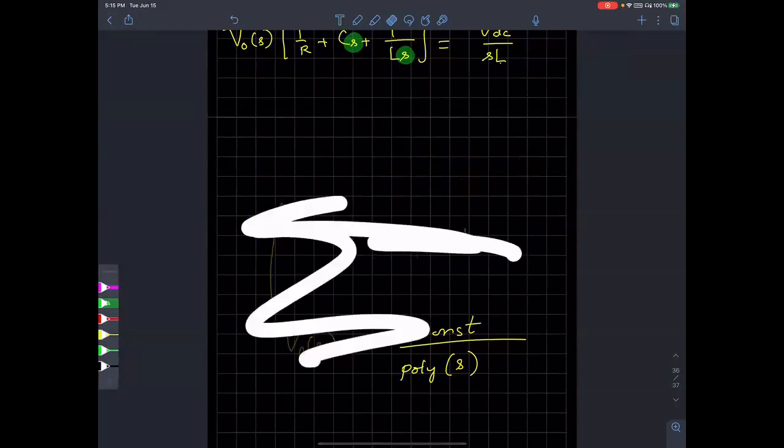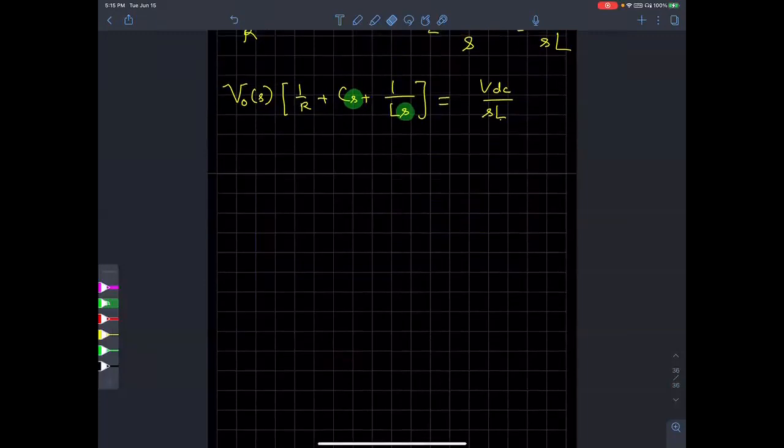The solution really is, if you rearrange this, you should get something that looks like this: V output over S equals VDC over LC. You're right, if you got that in the numerator, you're very correct.